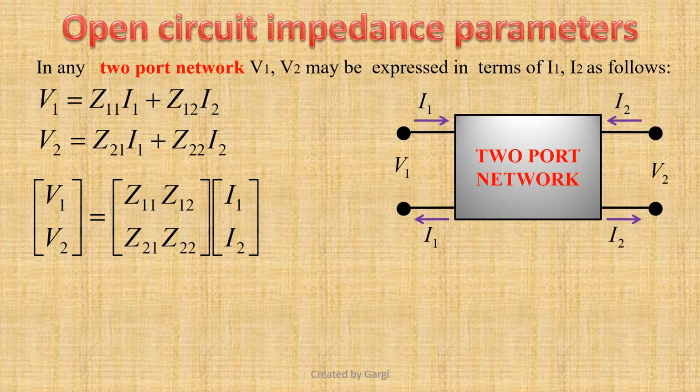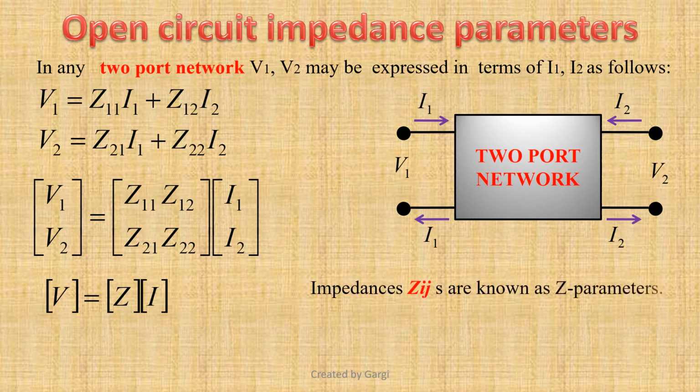Or this can be simply written as matrix of V equals matrix of Z into matrix of I. The elements of Z matrix are known as Z parameters. These parameters can be determined by open circuit tests, therefore they are known as open circuit impedance parameters. They are measured in ohm.